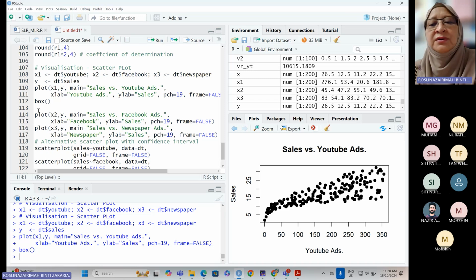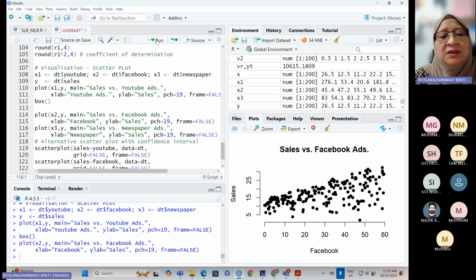You can see between sales and YouTube there is a positive relationship. When the YouTube advertisement allocation is increasing, so are the sales. The data is moving towards positive, there is a positive trend. What about between sales and Facebook?